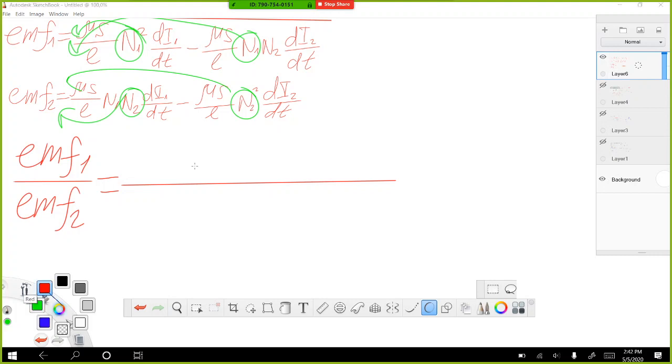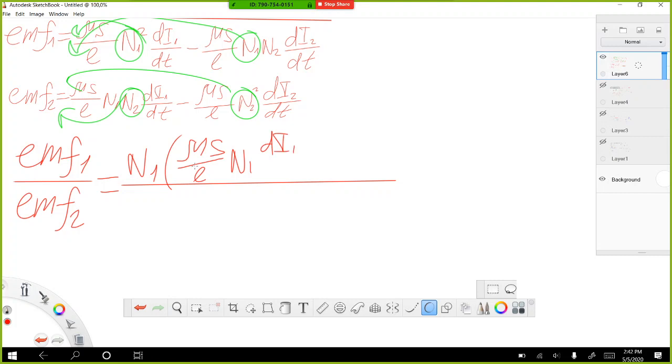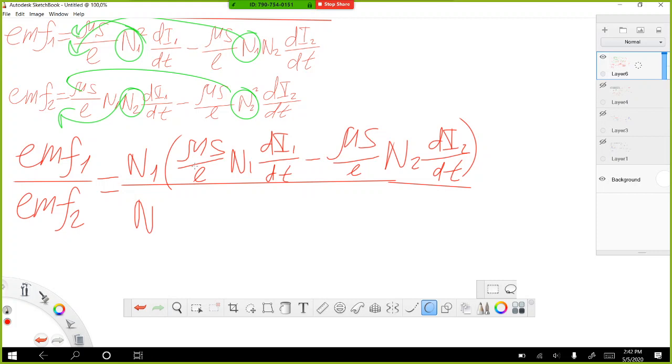So what we have in this case: n1 mu s over L n1 di1 over dt minus mu s over L n2 di2 over dt, over n2.